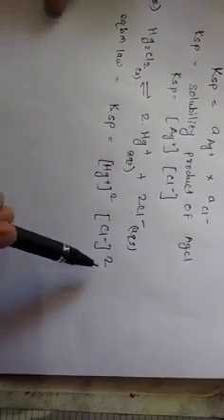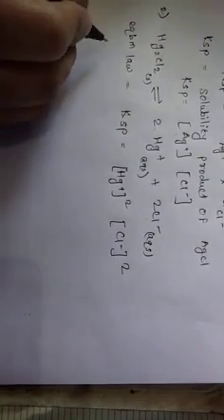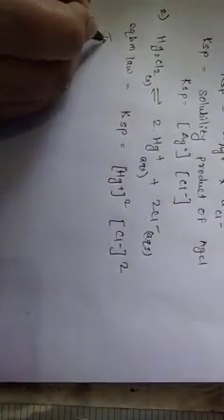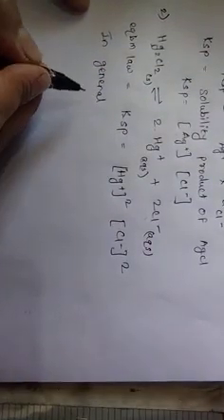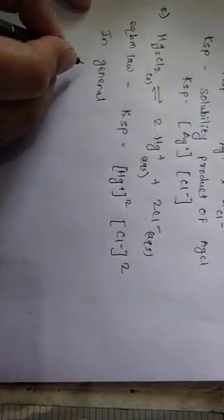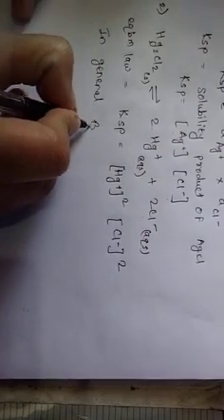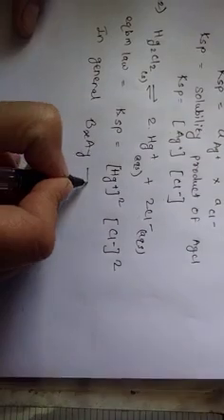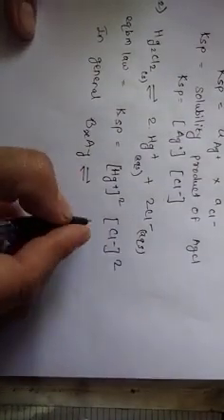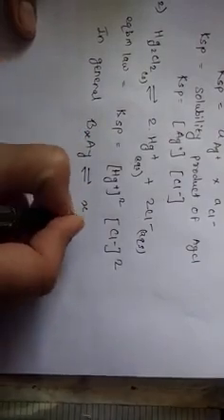So in general, if we want to write down for a salt, suppose we are considering a salt like this, BxAy, and this is dissociated in this manner, so that x will become the coefficient over here.